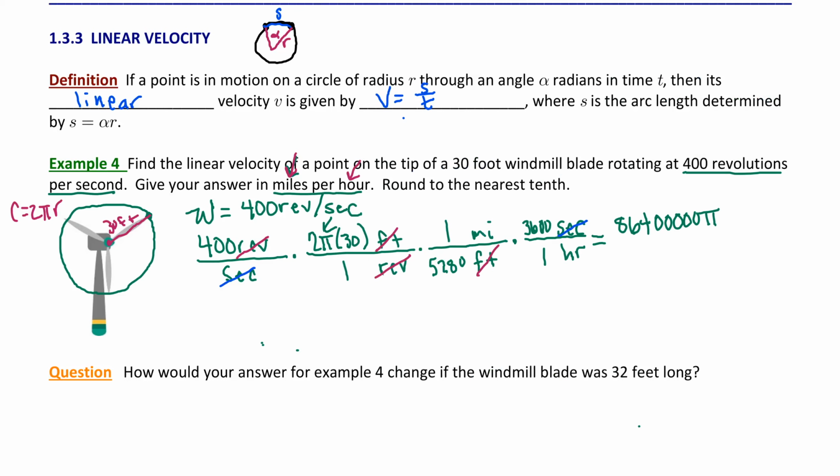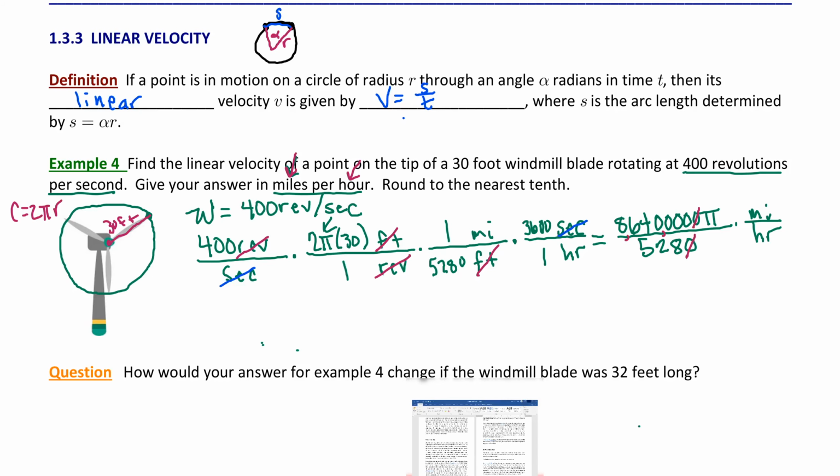We didn't multiply that on the calculator in order to keep this an exact calculation, but we'll evaluate that here in just a minute. In the denominator, we have 5,280, and recall we're looking at units miles per hour. I'm going to go ahead and cancel a factor of 10, and we can do that just by marking out one of the zeros, and then we need to evaluate 8,640,000 pi divided by 528.